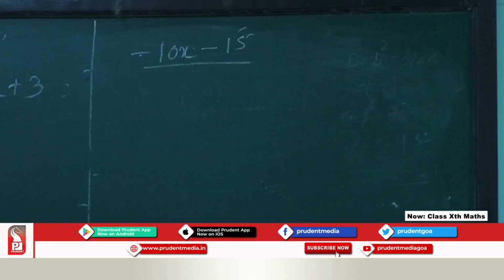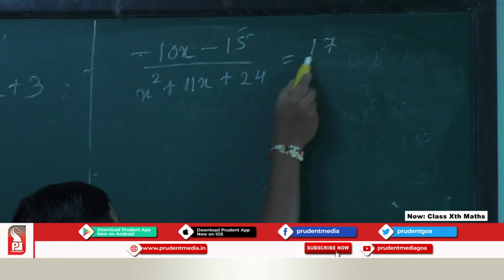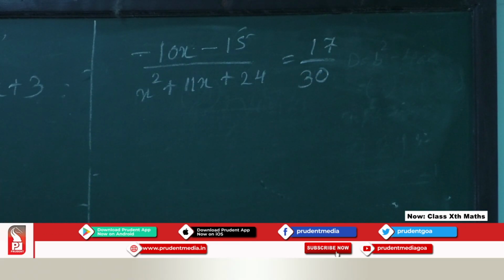Divide by 11. x square, again 3 plus 8, 11. So x square plus 11x plus 24 equal to 17 by 30. Still it is not over. So we have to do the cross multiplication.